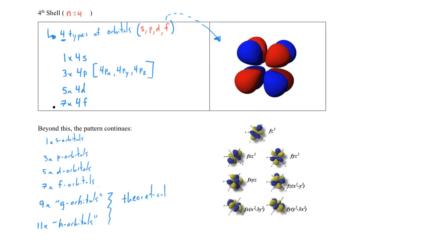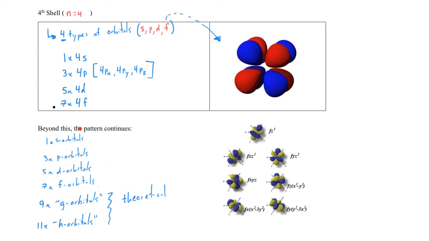These S, P, D, F letters are symbolic of certain things that we're seeing: S meant sharp, P meant principal, D means diffuse, and I believe F was fine or fixed. I can't remember, actually. But anyway, these letters had different optical property meanings with respect to the line spectra. And then after F, it just follows the alphabet. Again, these are all theoretical, though.